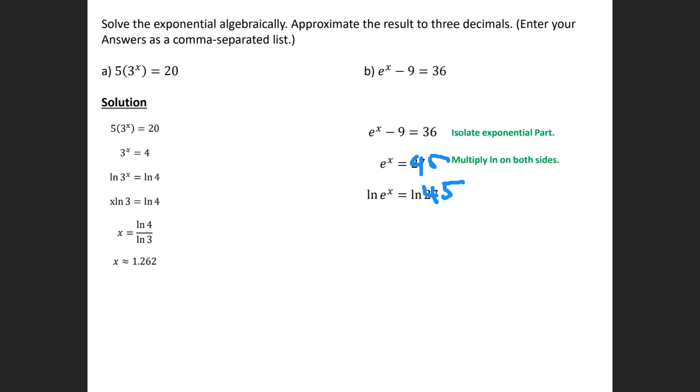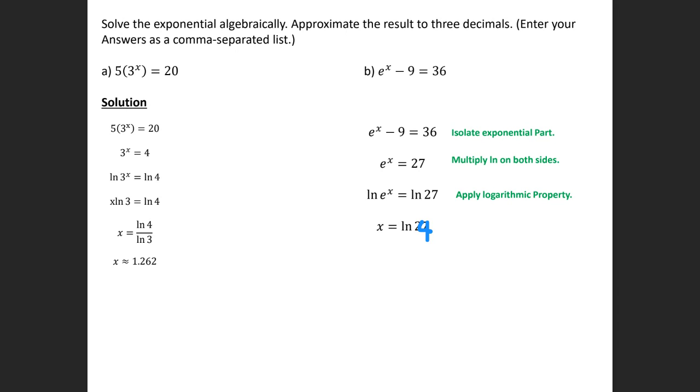Here again, I'm going to apply the same rule that I did for my other problem. First, I'm going to apply the power rule. This is going to give me x times the natural log of e, and for these two to be equal to each other, x is equal to the natural log of 45.